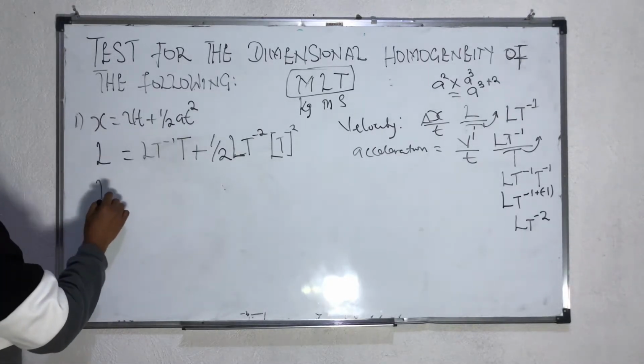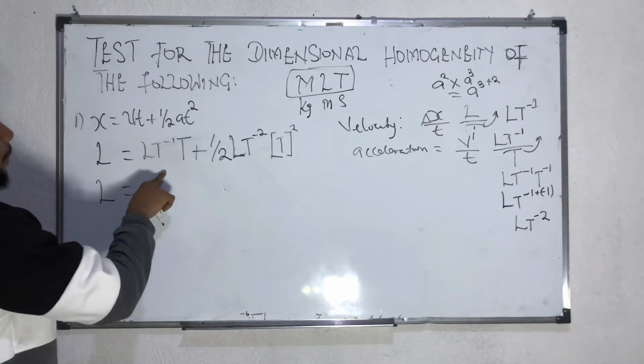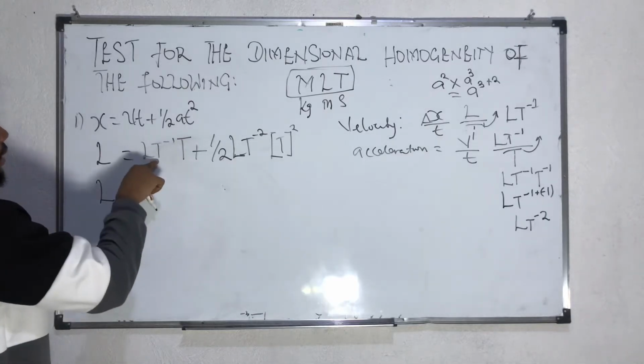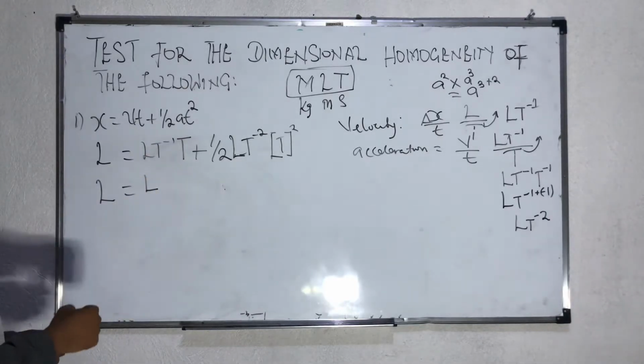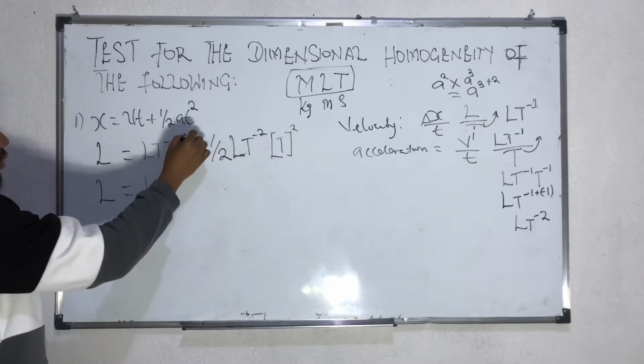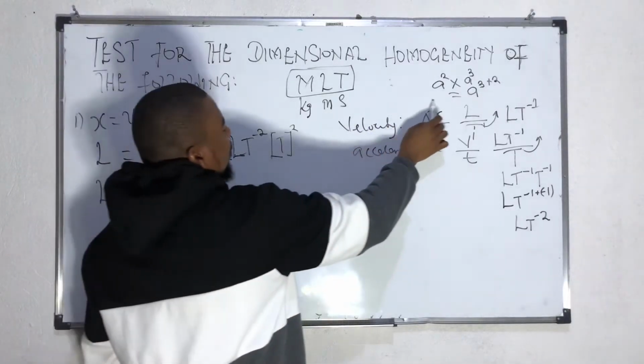We have an L here is equal to, here we have L, okay? And if you look at this, we have a negative 1 here. This is a negative 1, and this is a positive 1. Remember from what I showed you here, okay?